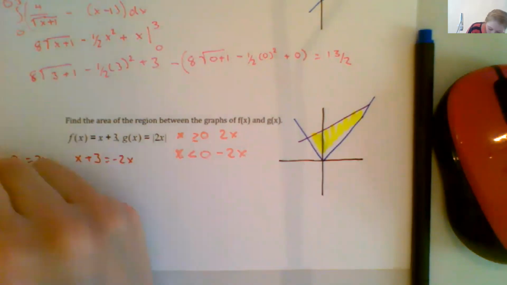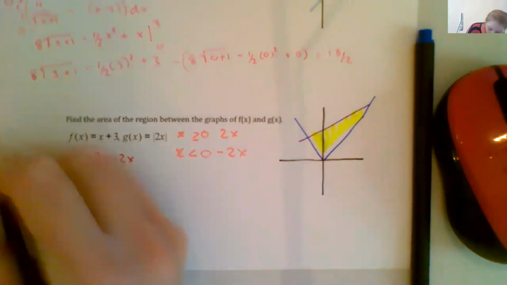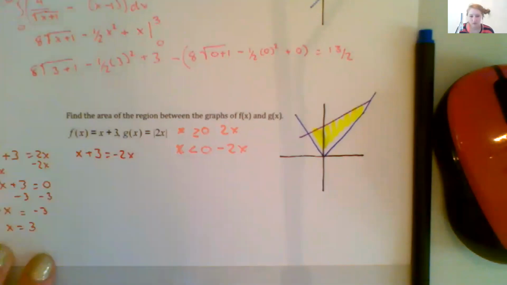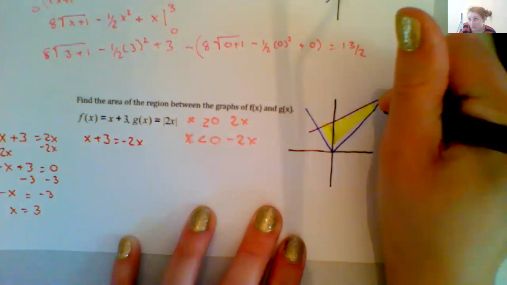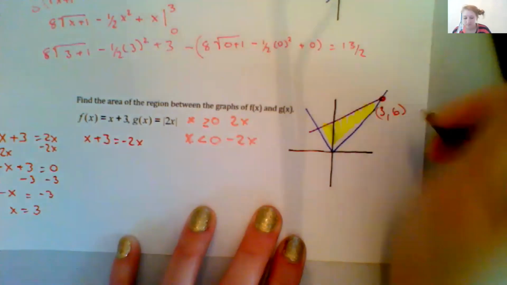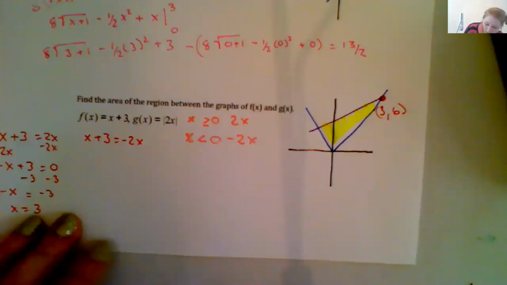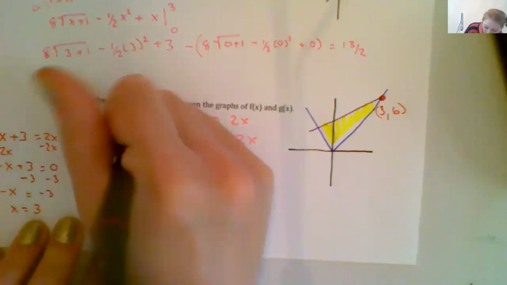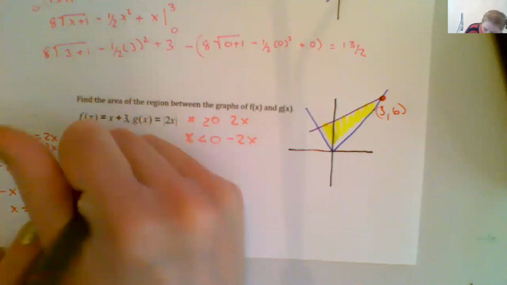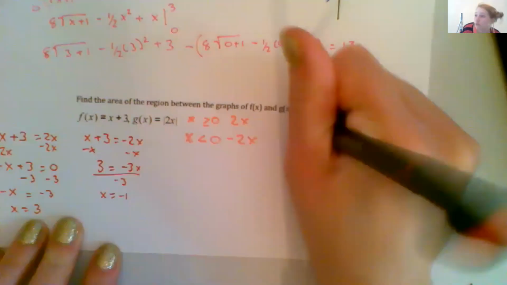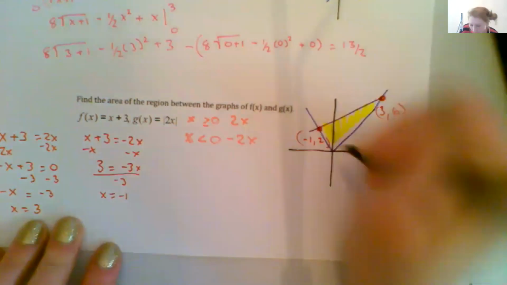Could have done that a little bit faster. So x is 3. So that is this here. This is 3, 6. Okay. And let's do this guy. Okay, so that's this guy right here. So that's -1, 2. Okay.